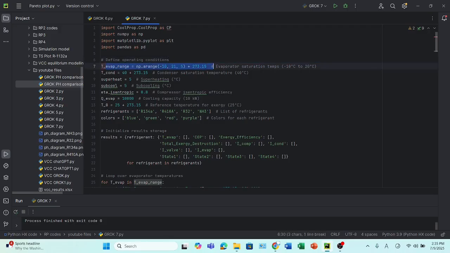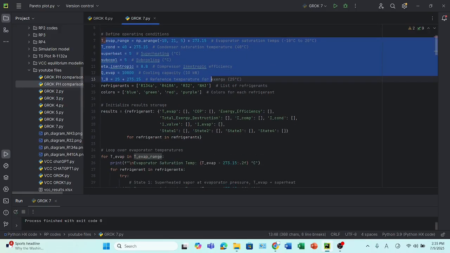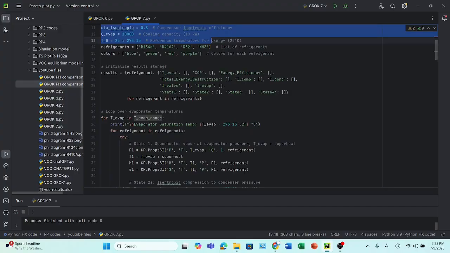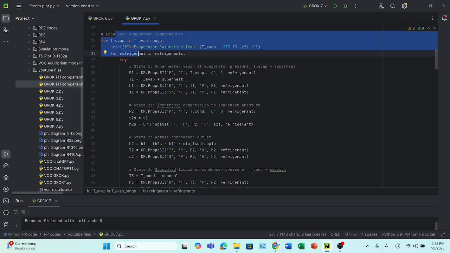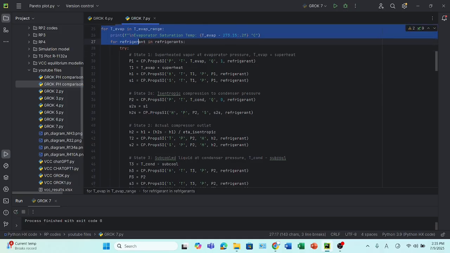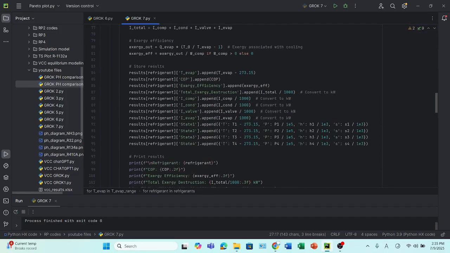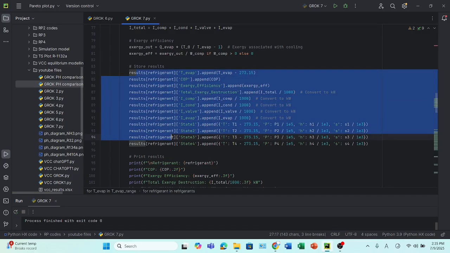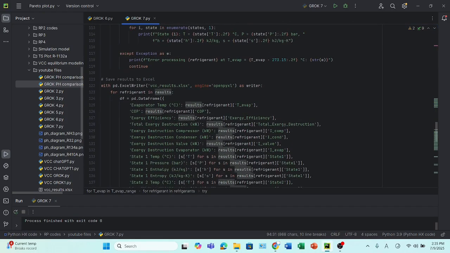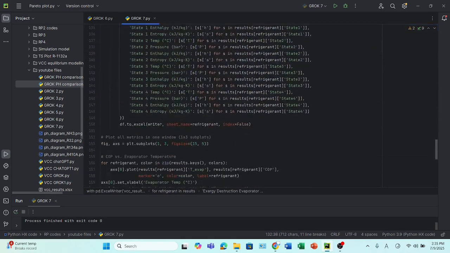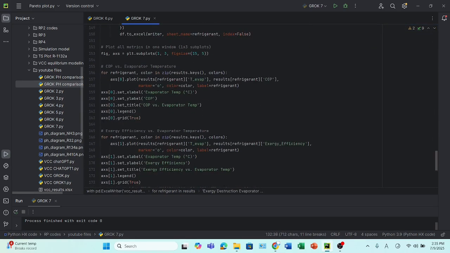Here it has given the evaporator temperature, fixed condenser, and all other things fixed. These are our refrigerants and the results. Here you can see the loop starts where the evaporator temperature is changing. It will run the loop and save all these values, and it will make the Excel sheet.